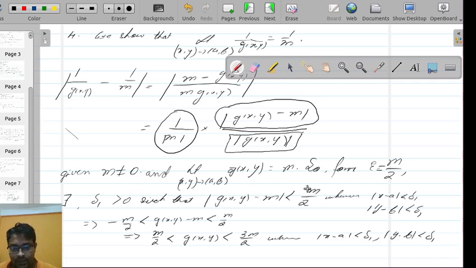Let us write it as mod m by 2. Mod m by 2 is positive, right? So mod of g of xy minus m is strictly less than mod m by 2, and then we can simplify it.